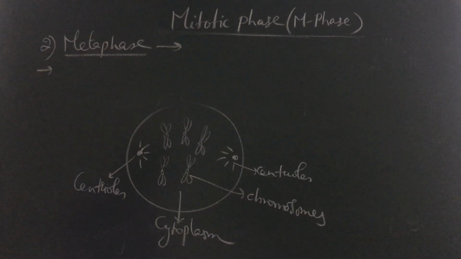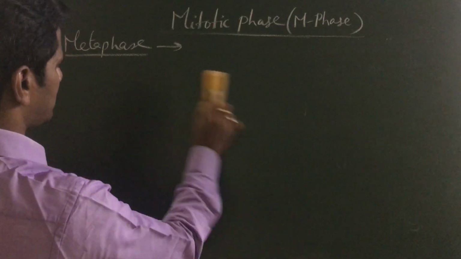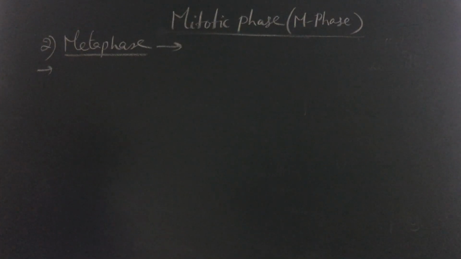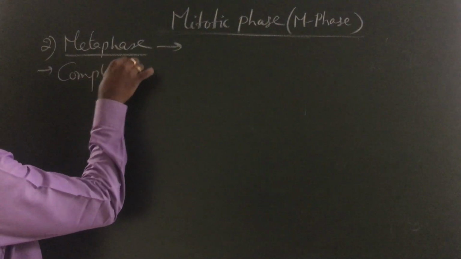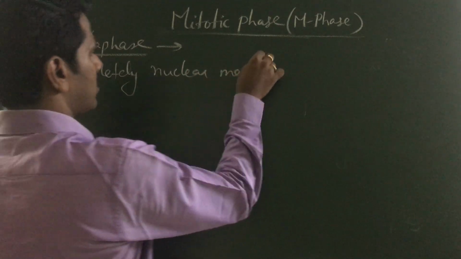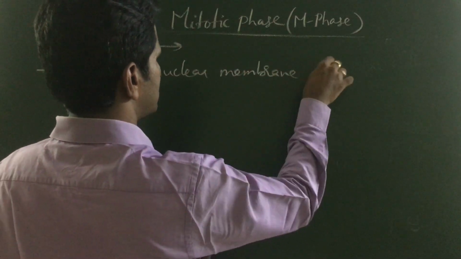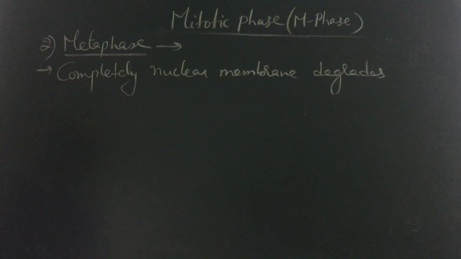In metaphase, the chromosomes present will align at the line of the equator. Here the nuclear membrane is completely degraded. Condensation is also completed.